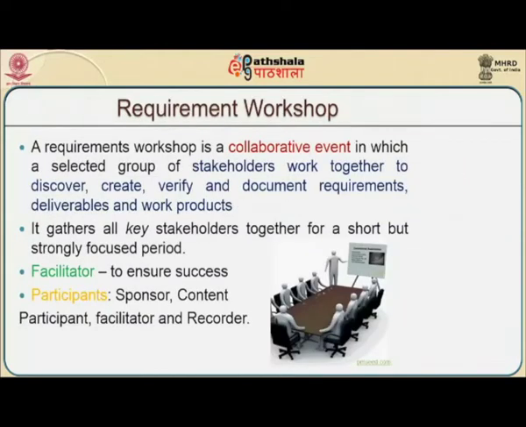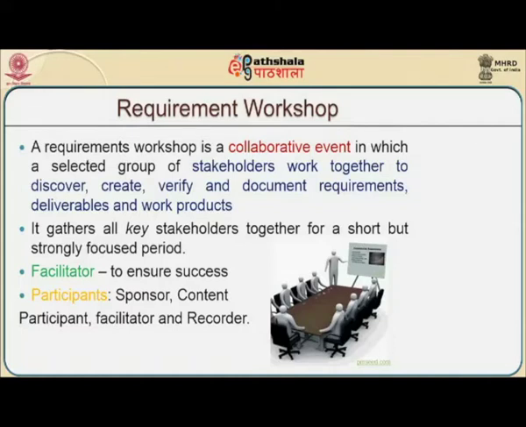The other requirements elicitation technique includes conducting a requirements workshop. In a requirements workshop, we invite many participants and fix on a specific person called a facilitator, who will ensure the success of the discussion.